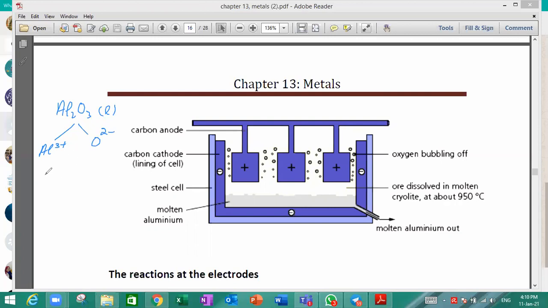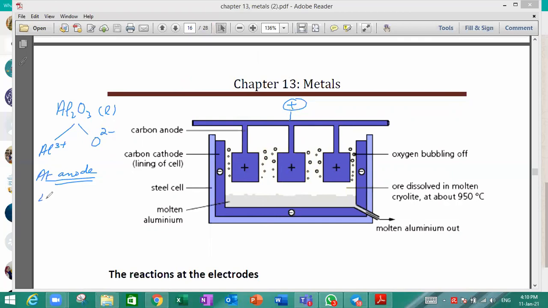So in that case, what will happen at the anode? The anode is the plate or the rods that are connected to the positive pole of the direct current supply. So this means that the oxide ions are going to be attracted, because they are negatively charged. They are the ones to be attracted to the positive anode.